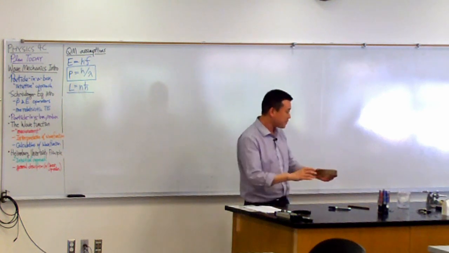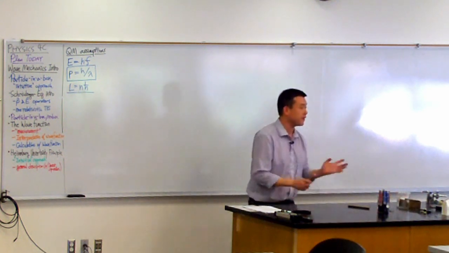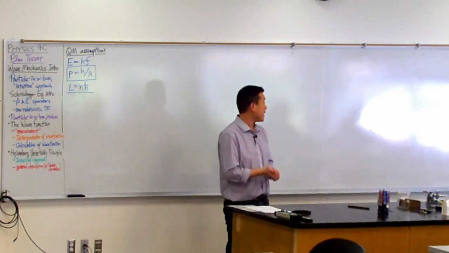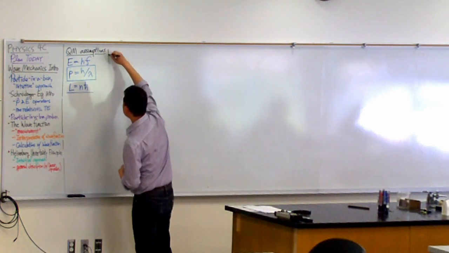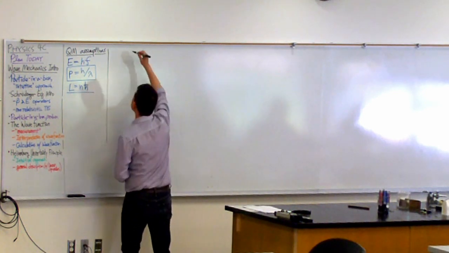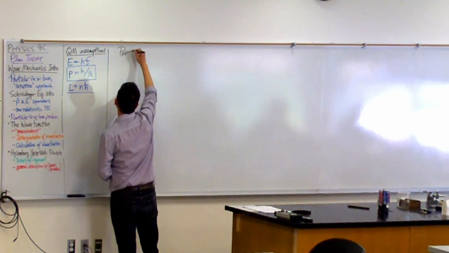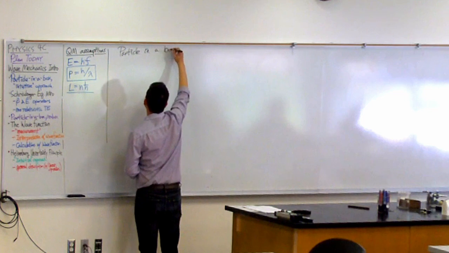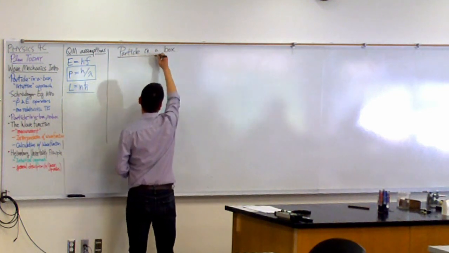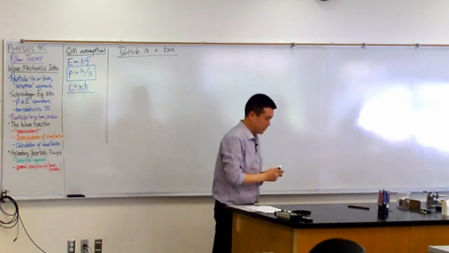Let's see. Let me first draw a picture, and then I will try to explain how you might liken it to a particular system. So for this particle in a box picture, this is what you would imagine.